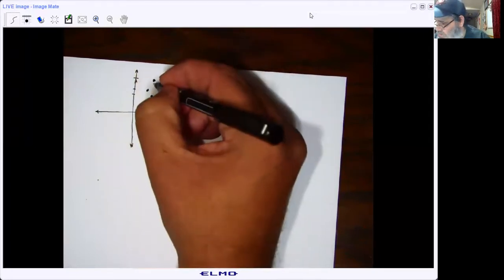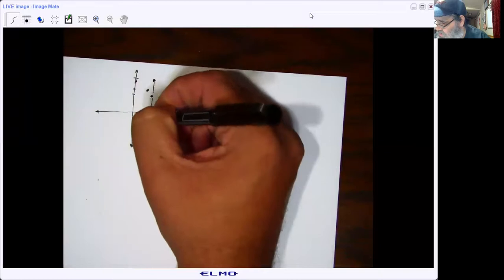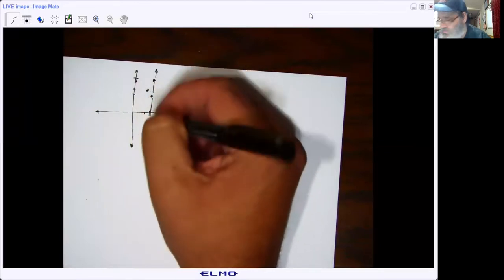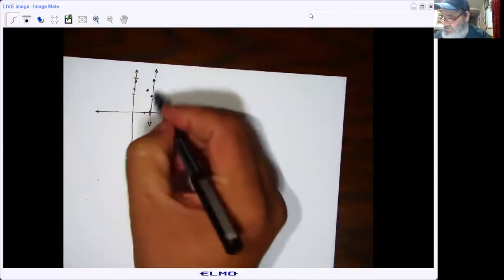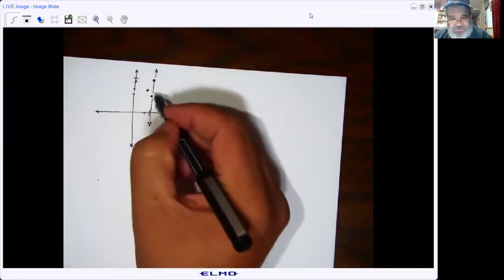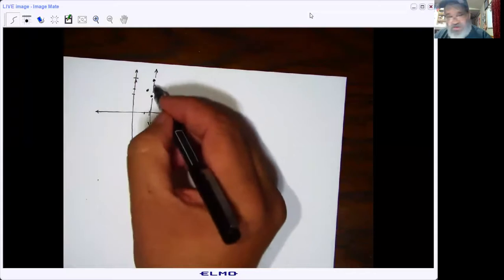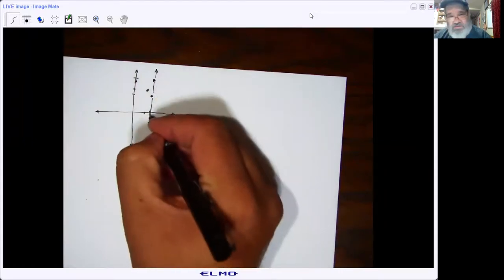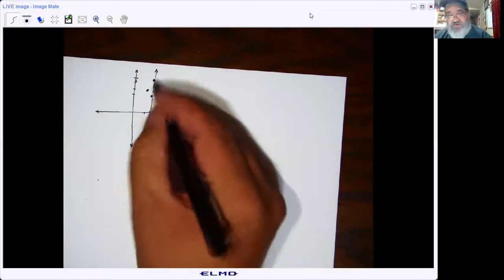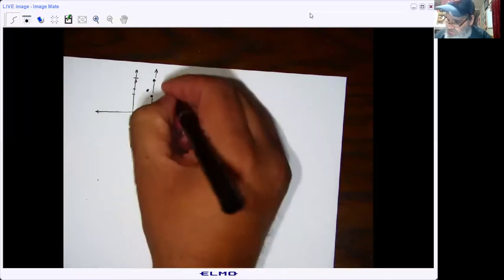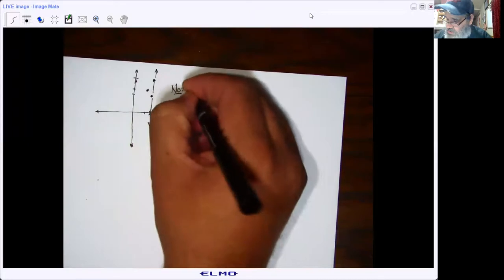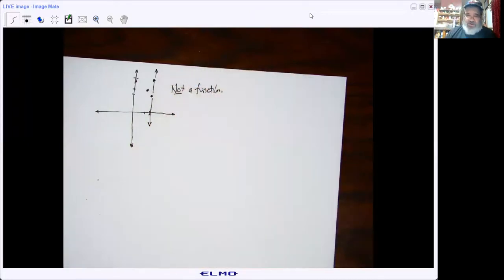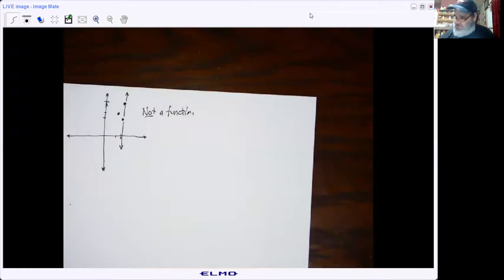Well, right there, you can see that we don't need to go any further, because this relation that they've given us fails the vertical line test. We have one input that tries to give us 2 different outputs. So this is not a function. And to answer the question, which coordinates caused this?